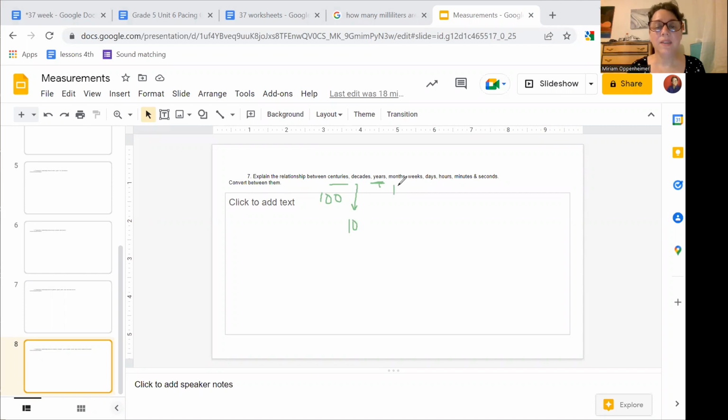And how many months makes 1 year? I know you know it is 12 months is 1 year, right? How many weeks, right? So we can pretty much say it is 52. This one we haven't studied yet. 52 weeks is 1 year. How many days makes 1 year?